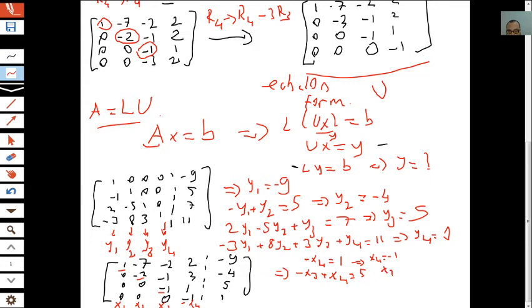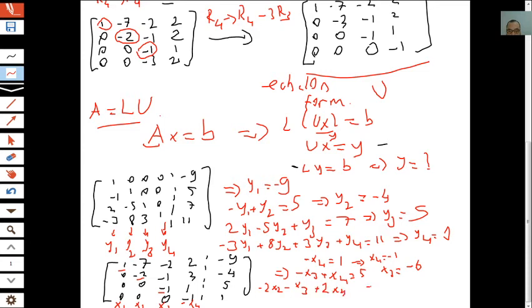So x3 is written as minus 6, and from the second one we have minus 2x2 minus x3, the coefficient is minus 1, therefore we write minus x3 plus 2x4.